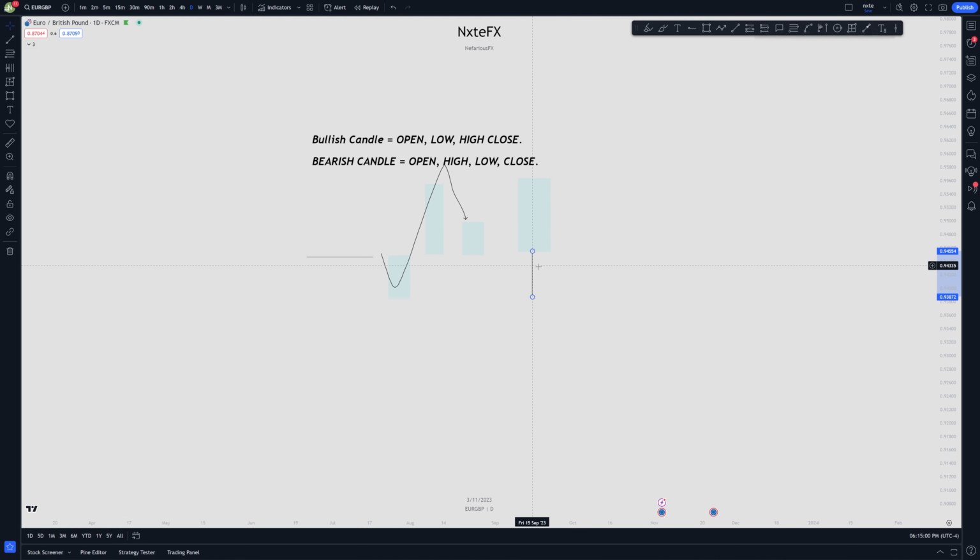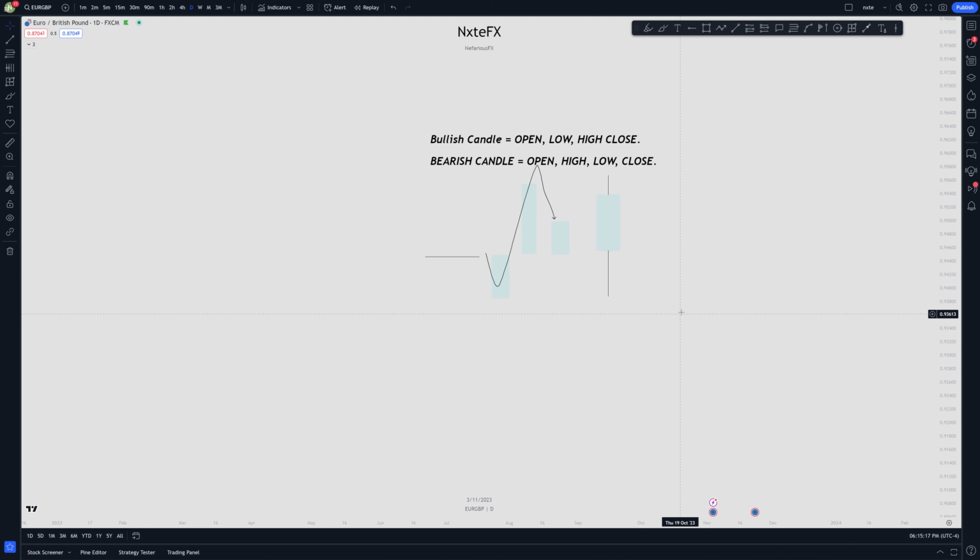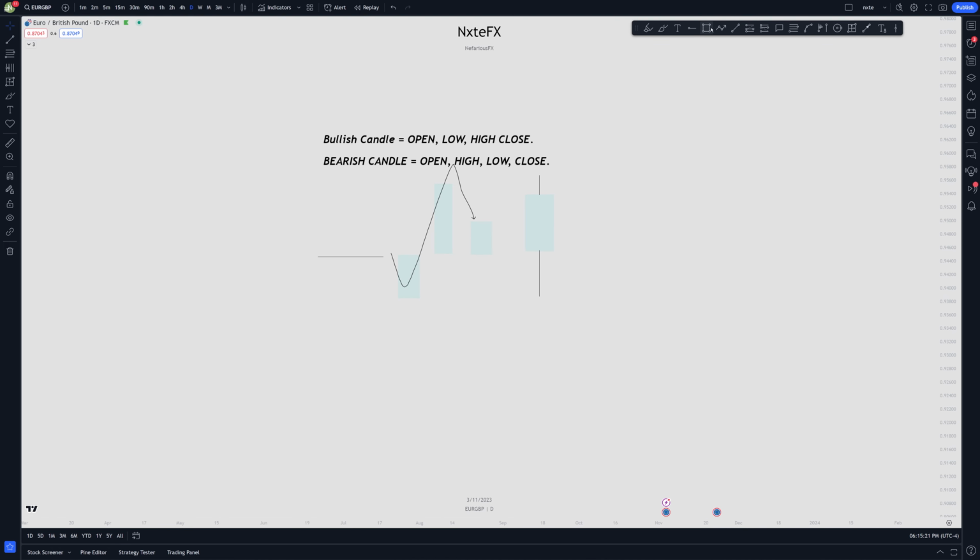As the candlestick is printing, as it's about to close, the candle will usually come back down, and then that high is there, just like that.